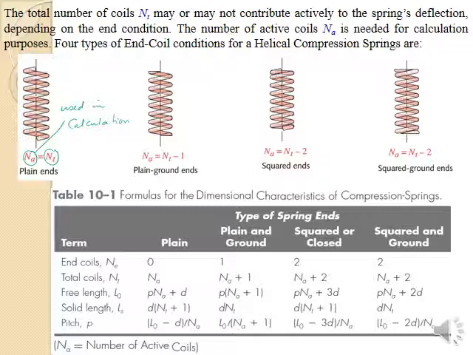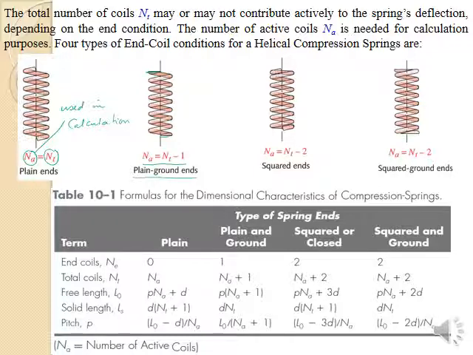When it is a plain ground end, what is done is that it is just on the edge, it is made flattened over here. So what you are doing is removing half of the coil, meaning over here, half of the coil here. So the active coils are the total number of coils minus 1. This is called plain ground ends.